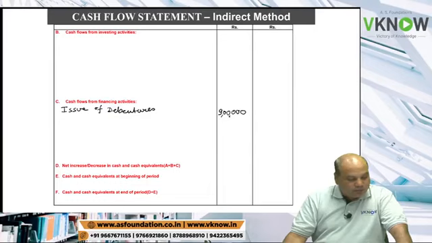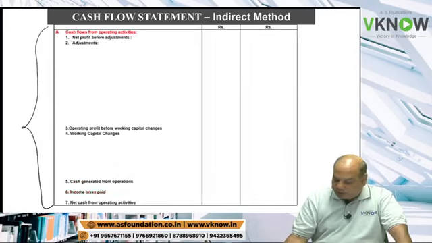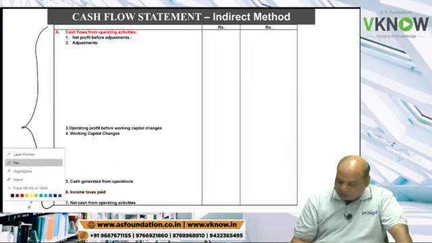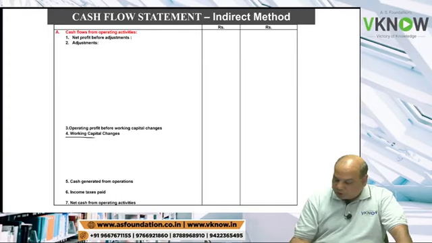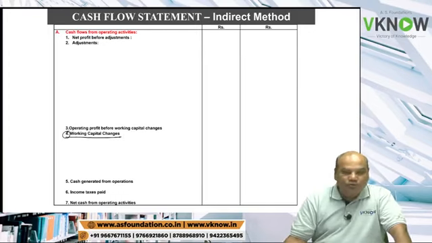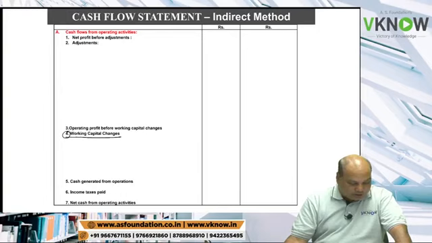Right. Next line, current liabilities. Creditors. Under current liabilities, creditor will come in operating activities. Point number 4, working capital changes. 8,80,000 minus 8,20,000. So there is a decrease in creditor.